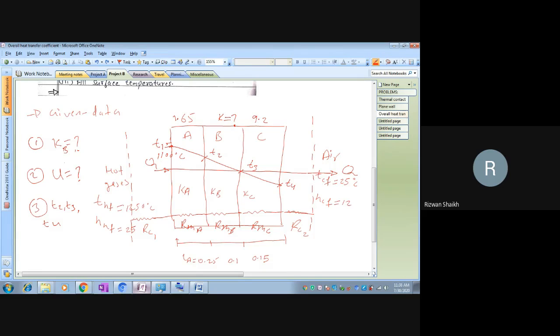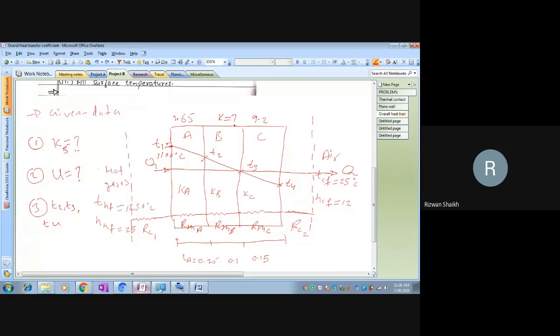Now before proceeding with the problem, first we have to understand whether we have to consider the summation of all the resistances as one equation, or break the equations for each layer. If I consider THF minus TCF, the temperature given, divided by RTHA plus RTHB plus RTHC, that is L upon KA, KB, KC, here K is known for some layers and one K is unknown.